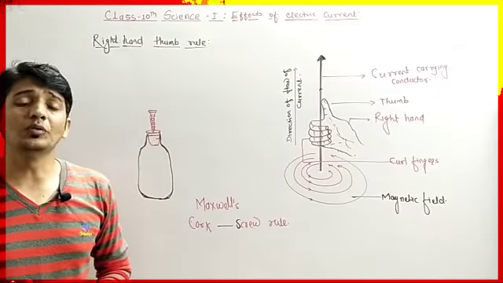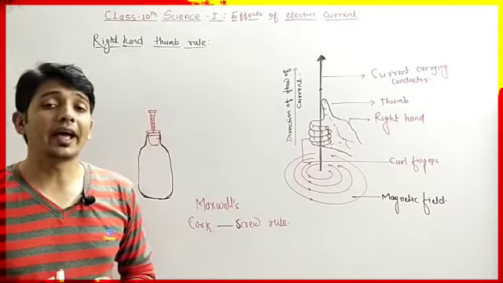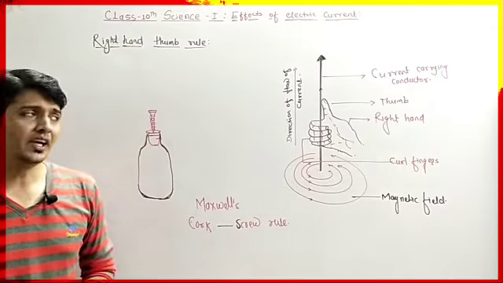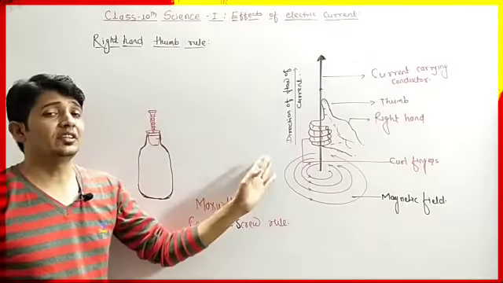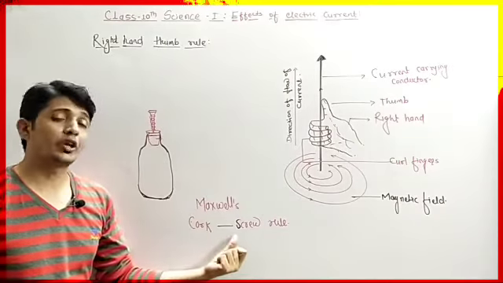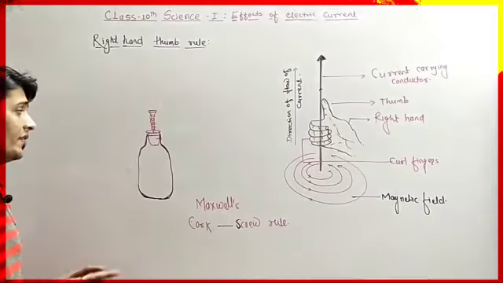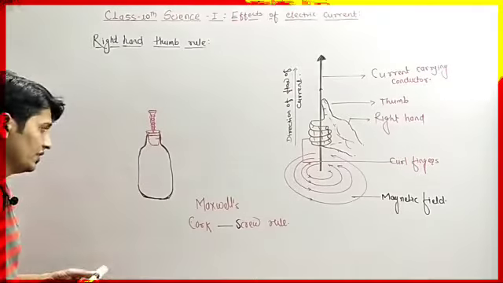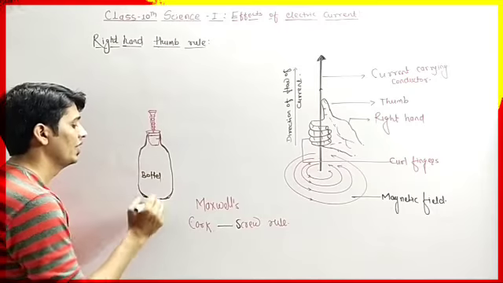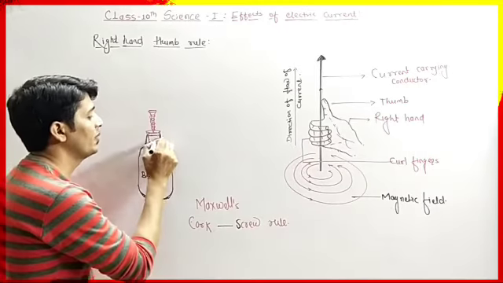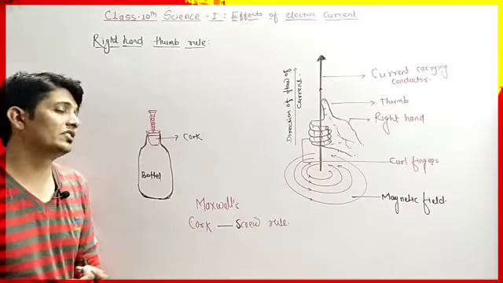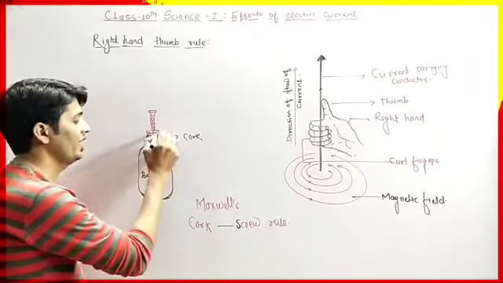The right hand thumb rule is also called Maxwell's corkscrew rule. Why is the right hand thumb rule compared to Maxwell's corkscrew rule? See, this is a bottle, and the bottle is packed by a cork.